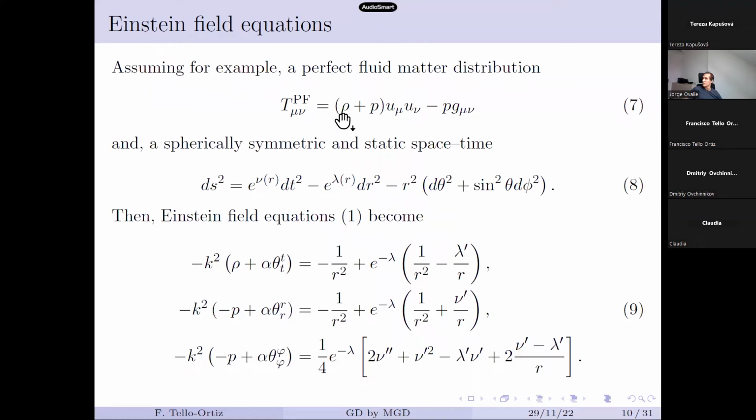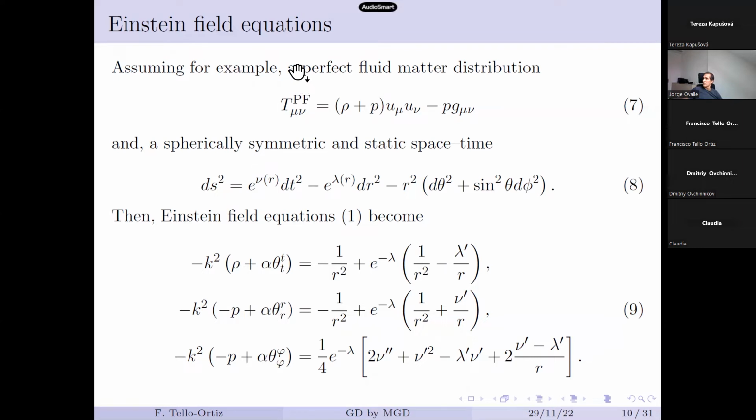You have the energy density, the isotropic pressure, and the four-velocity of the fluid. Also, we are assuming this line element, a spherically symmetric and static line element. Take into account that both metric potentials, the temporal one and the radial one, only depend on the radial coordinate. And here we have the usual two-sphere.